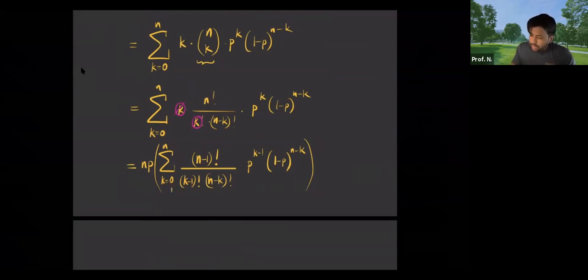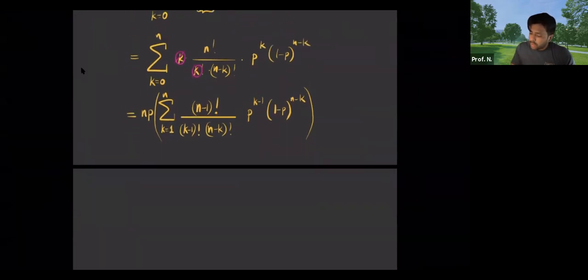So actually, we have to rearrange this a bit and call this 1. Because it also wouldn't have made sense to factor out the p and be left with p to the negative 1 power.